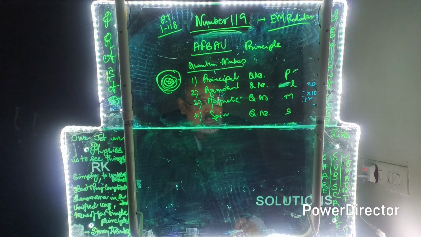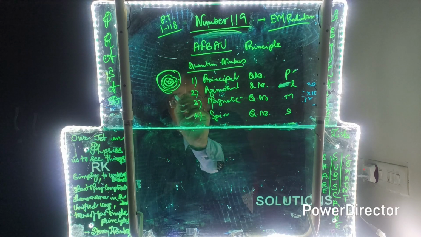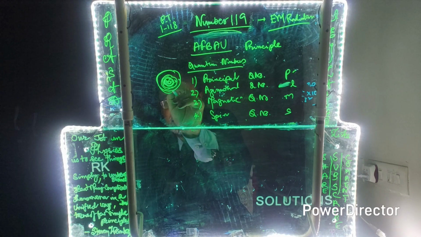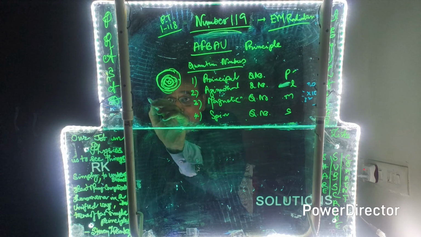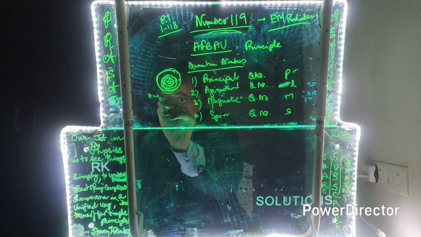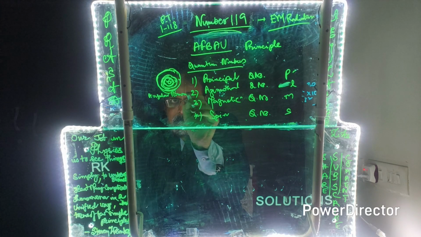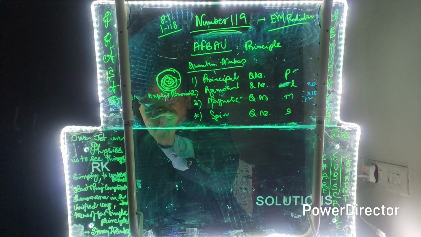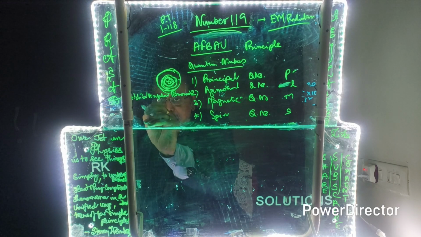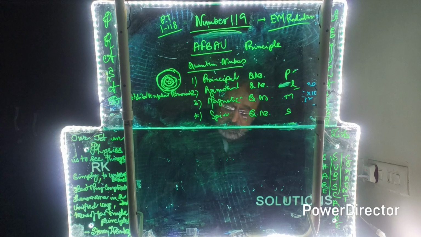The azimuthal quantum number gives you the orbital angular momentum. When electrons are spinning around the nucleus, the orbital angular momentum is given by the azimuthal quantum number.